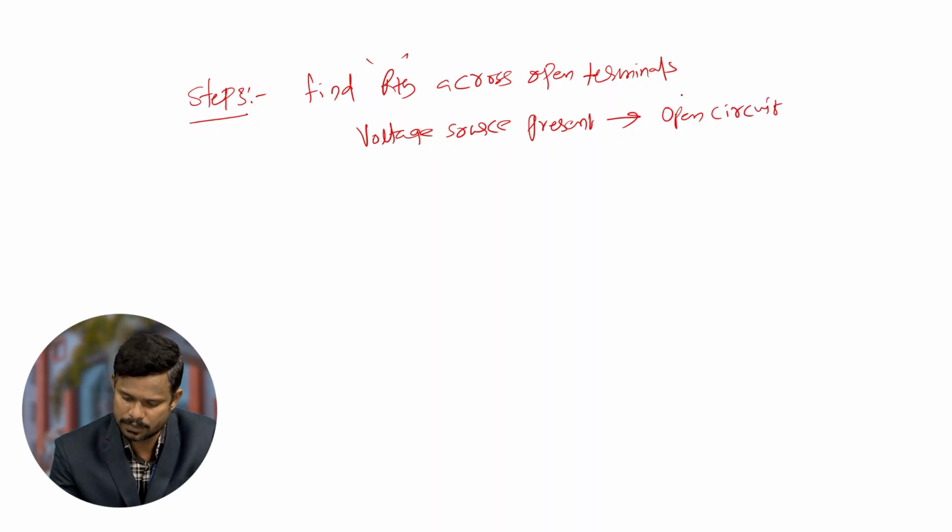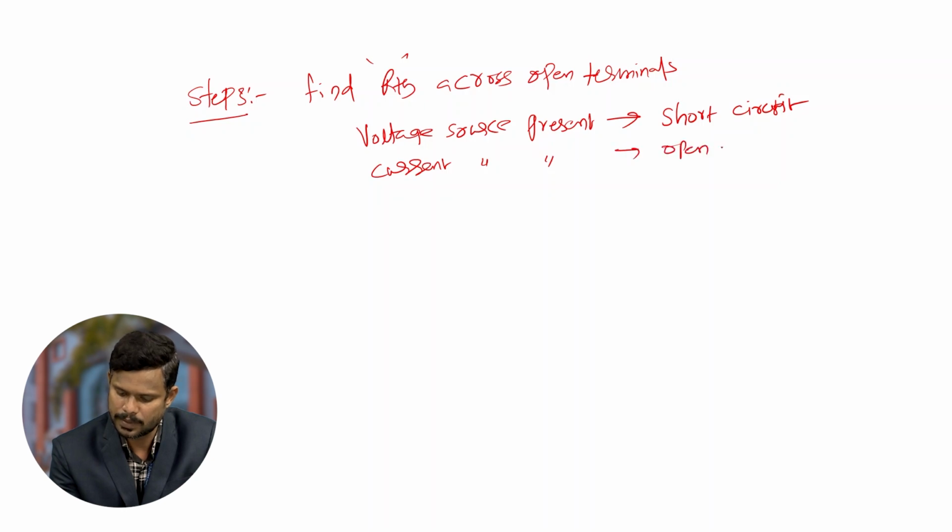If a voltage source is replaced with a short circuit, and if a current source is present, that is replaced with an open circuit.